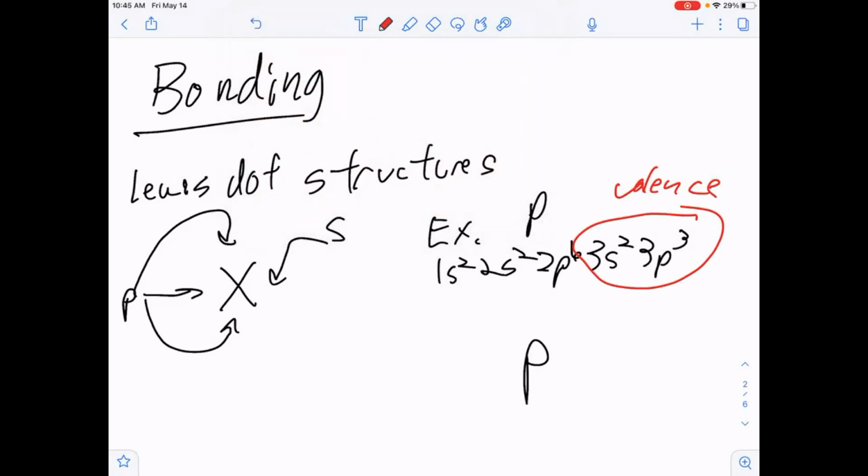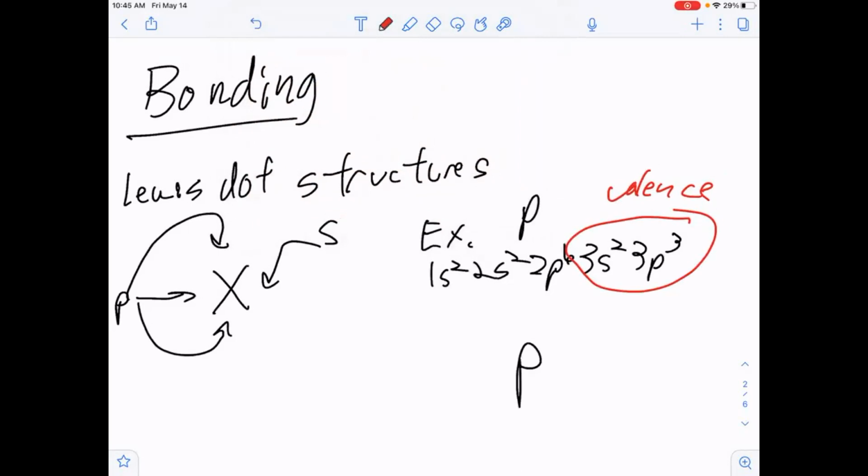So I would put 2 dots right here for my s's. And then I would put 3 dots going around it for my p's. All right, you don't double up the p's until you have to.